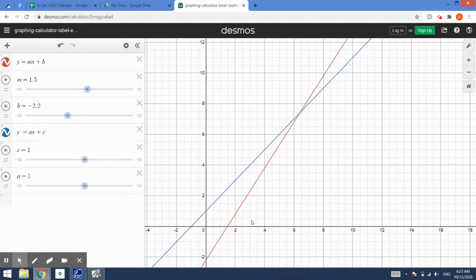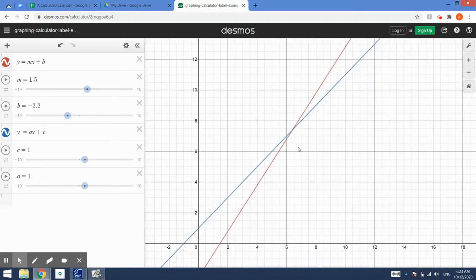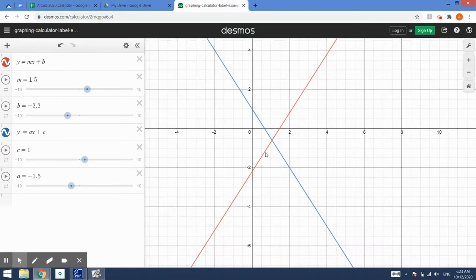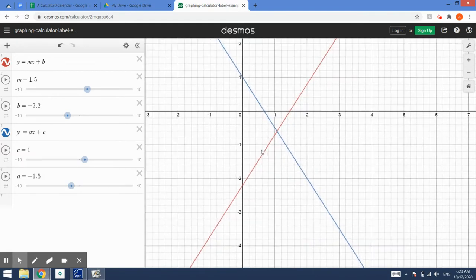So here they're going to intersect at that point. But then we want the other to be perpendicular. So let's slide this around until we see what we can see. So we know it's going to be opposite, so let's try -1.5. So negative 1.5, are those meeting at a right angle? Not really.